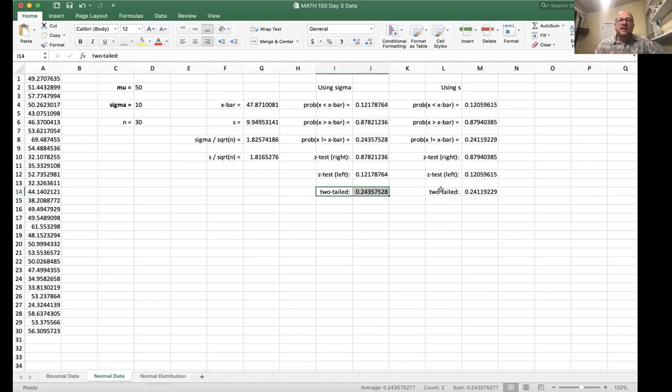Whereas if we use the S instead, we get about a 24.1% chance. Both of those are more than 5%. 5% is usually our cutoff, right? And so we would actually make the conclusion here that we don't have any strong evidence that this data did not come from the distribution with the mu of 50 and the sigma of 10.